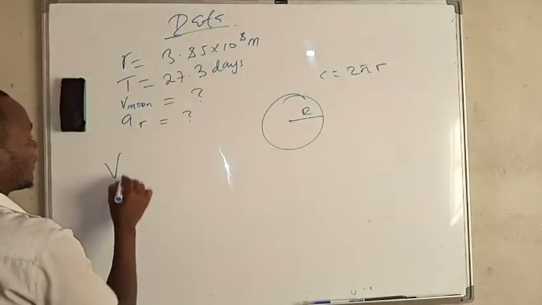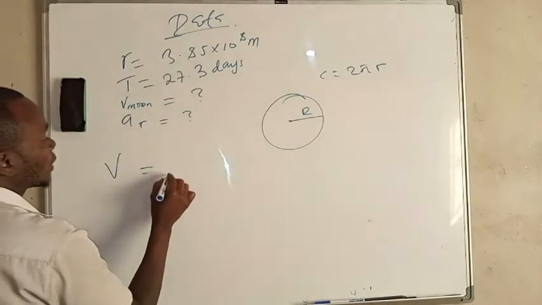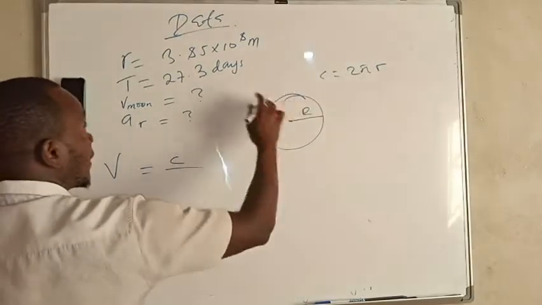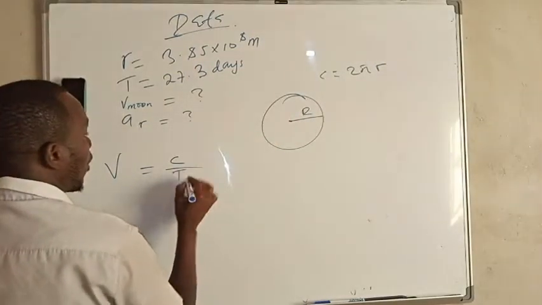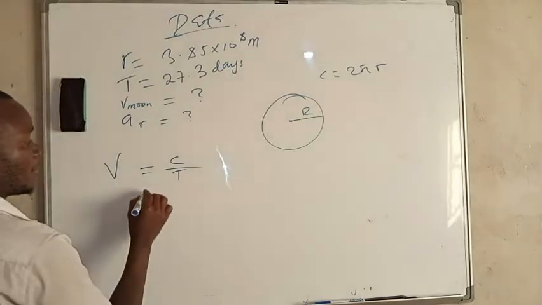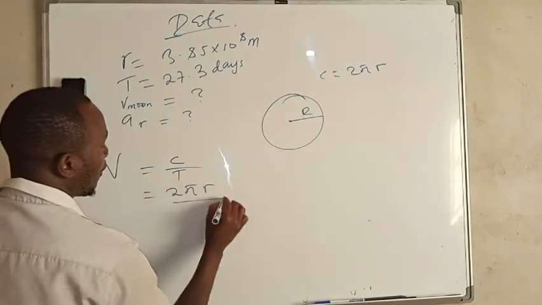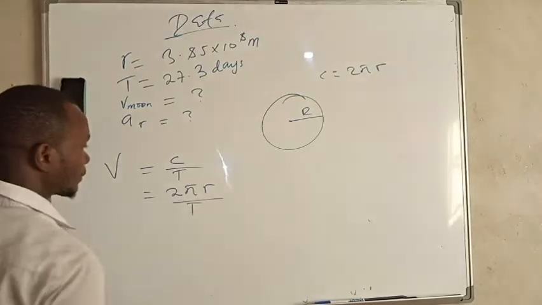So v is equal to the perimeter over the period, so we have 2 pi r over T.